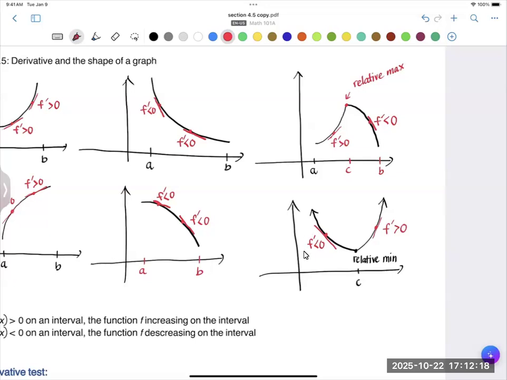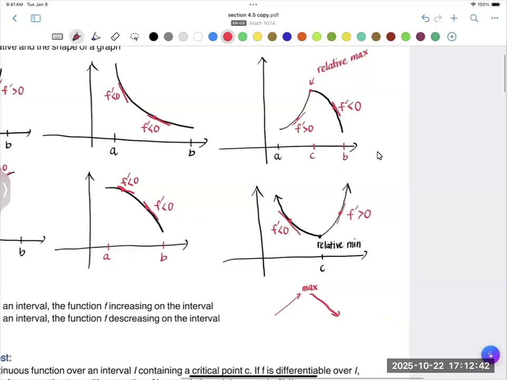So if your derivative changes sign at a certain point, then at that point you're going to have either a relative max or a relative min. How does the sign change? If you go from positive to negative, you have a relative max. But if you go from negative to positive, you have a relative min.